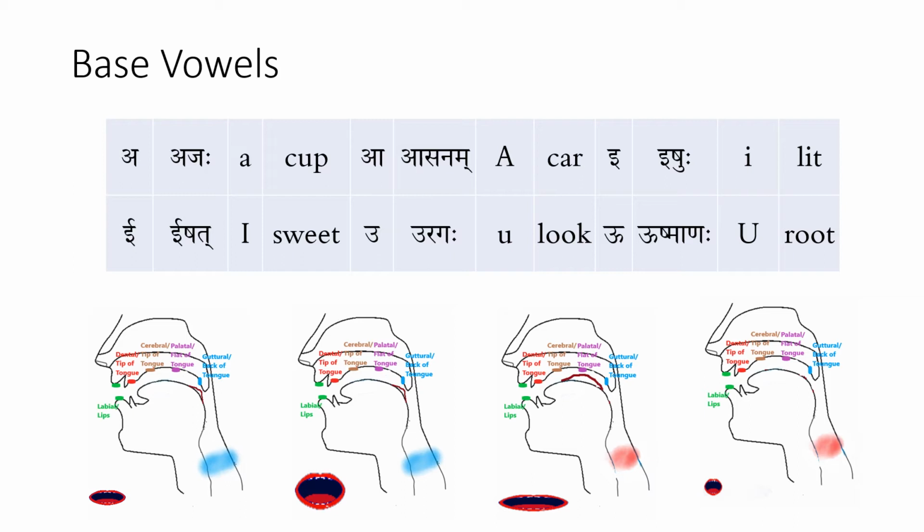The throat muscles, you feel that they are tense, something like E. When we are saying U also, they are tense. The tongue is relaxed. There is no movement up or down anywhere.